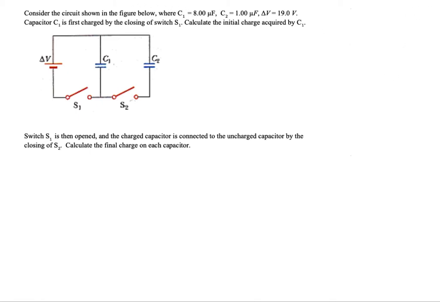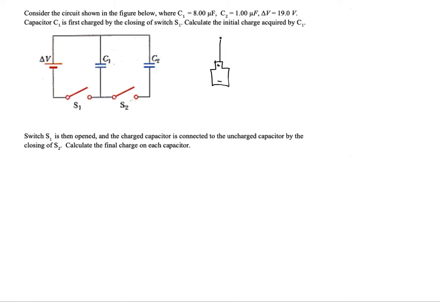So let's draw what that'll look like. First of all, it's worth noting that in a circuit diagram, the long line and the short line is the symbol for a battery. And the long line is actually the positive terminal of the battery.